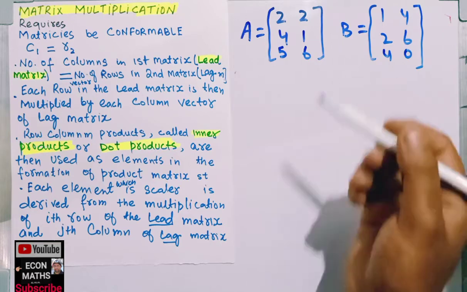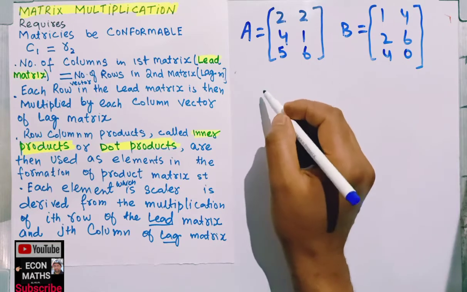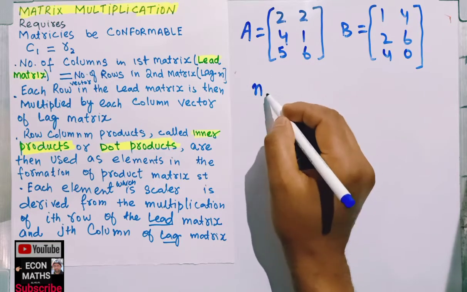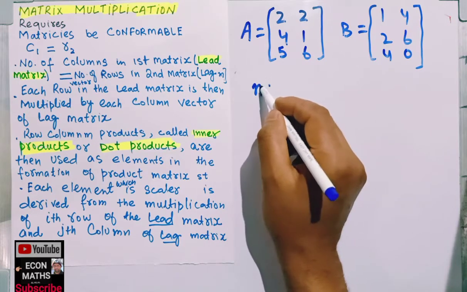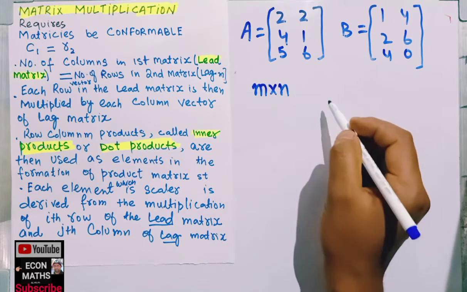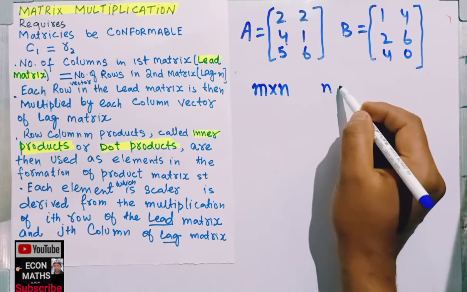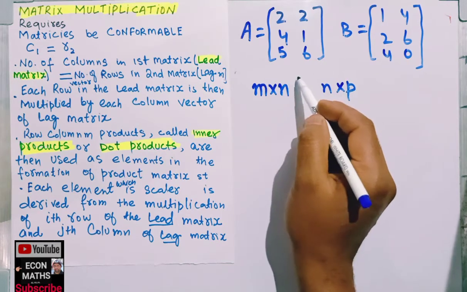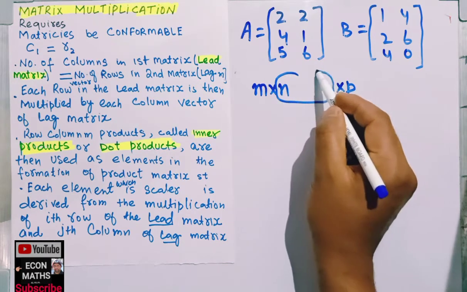Now if I apply the same formula, m cross n and n cross p, these two numbers must be equal.